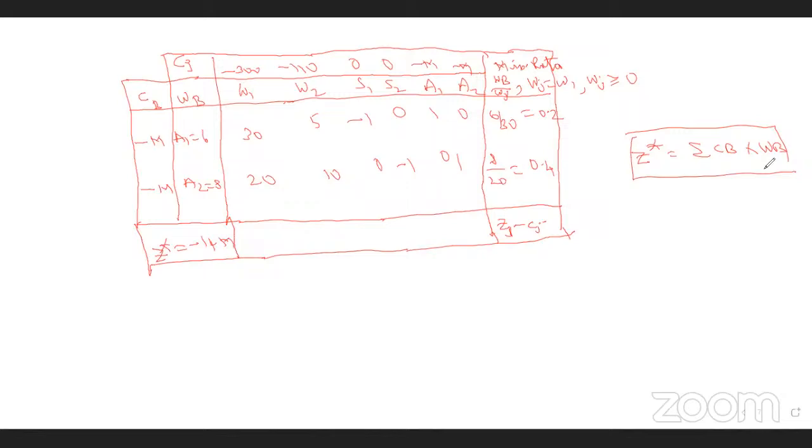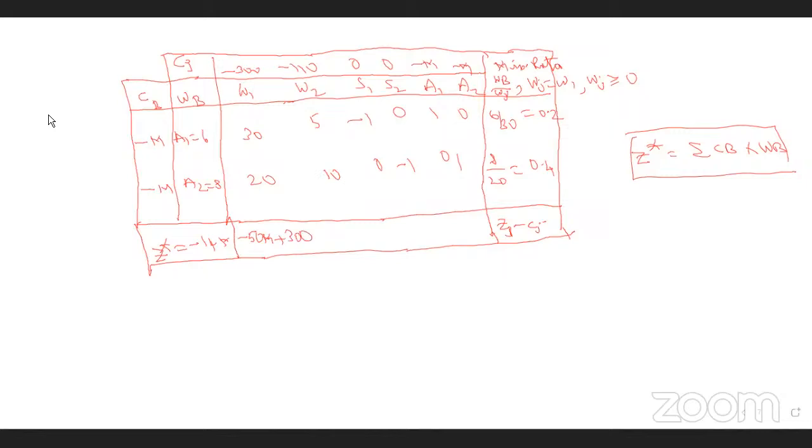Then this column, how to calculate ZJ minus CJ? Minus M into 30, minus M into 20, 30 plus 20 is 50, so minus 50M, minus of minus 300 means plus 300.